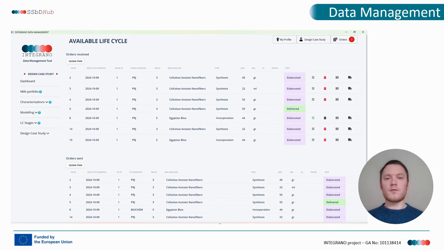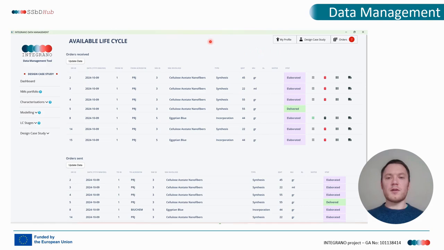So as mentioned earlier, from the data entered into the software, it knows which partner will provide the nanomaterial or nano-enabled product for each element of work, and it also knows which partner is requesting the nanomaterial or nano-enabled product. So to support the work between the partners within the project, we've built an order function into the software.